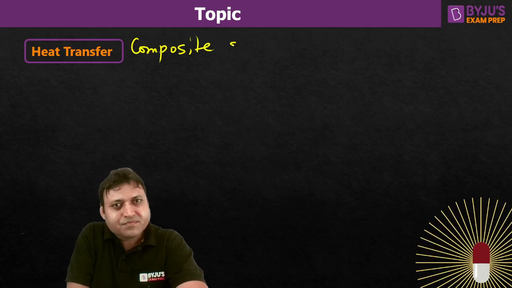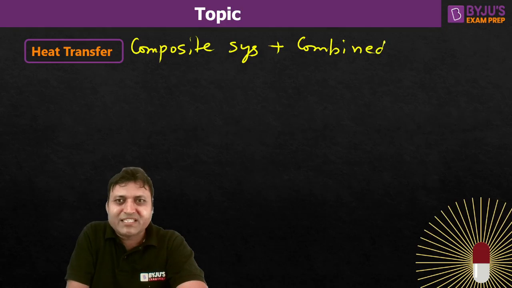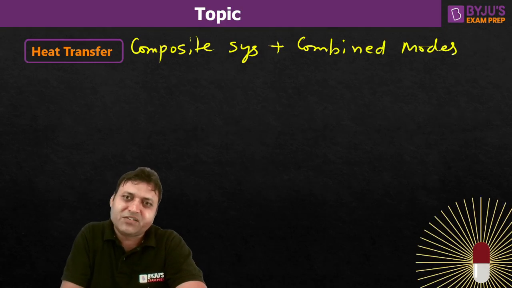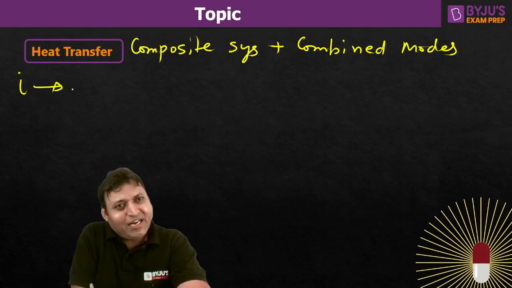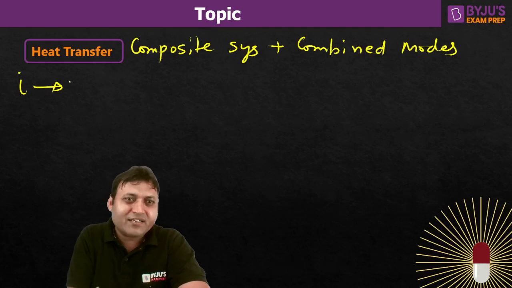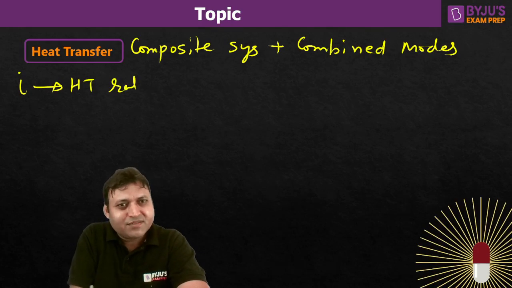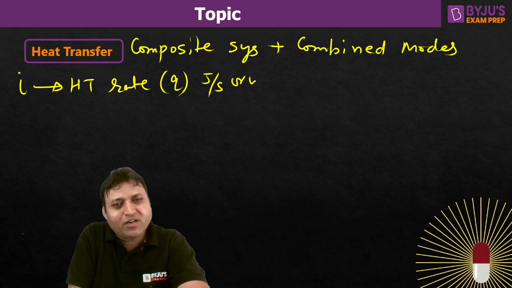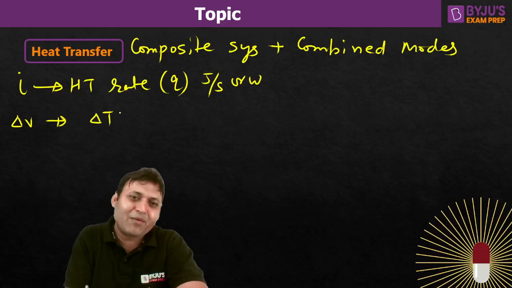We can draw the circuit diagram. In case of heat transfer, whenever we talk about the composite system involving combined modes of heat transfer, we use the circuit diagram. The current will be replaced by the heat flow rate, heat transfer rate, that is Q. The unit is joule per second or watt, and delta V will be replaced by delta T, thermal potential.